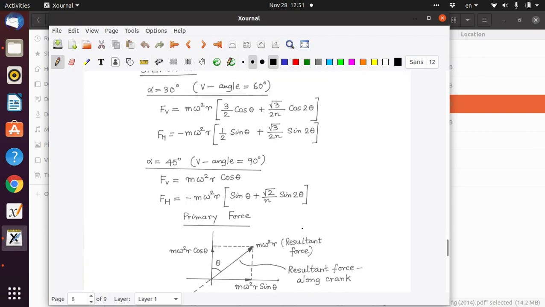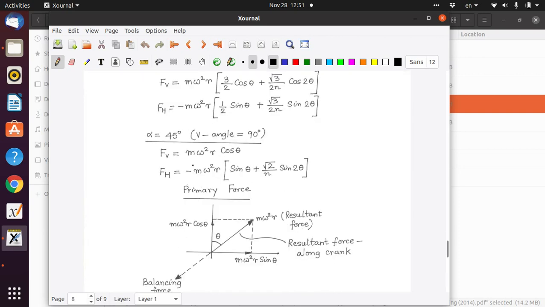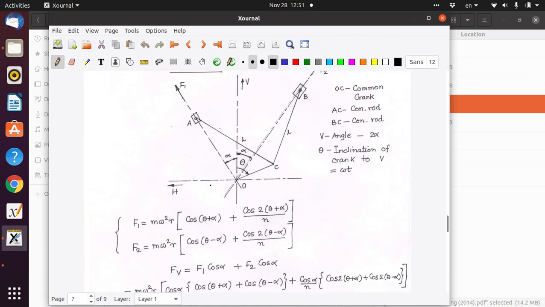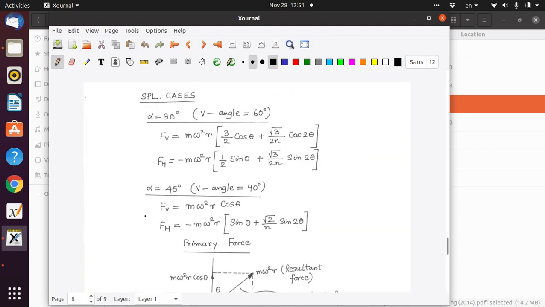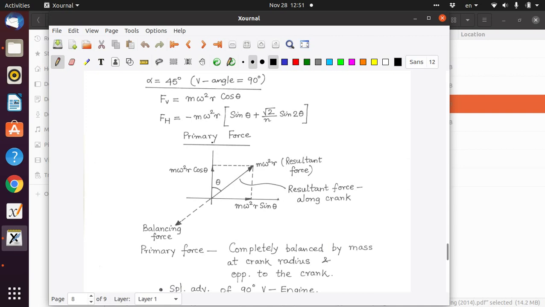If you just concentrate on the primary part, there is one m omega square r cos theta in the vertical direction and m omega square r sin theta in the horizontal. This is minus, so we have taken h in the leftward side as plus, so minus means it is in this direction.